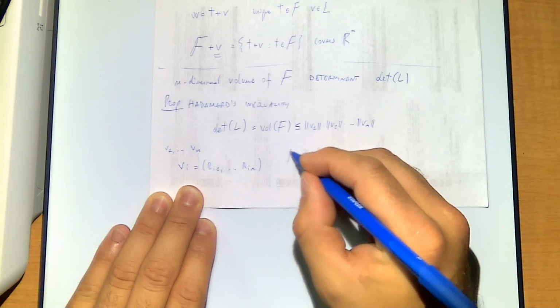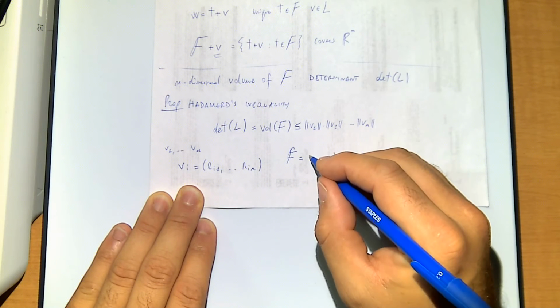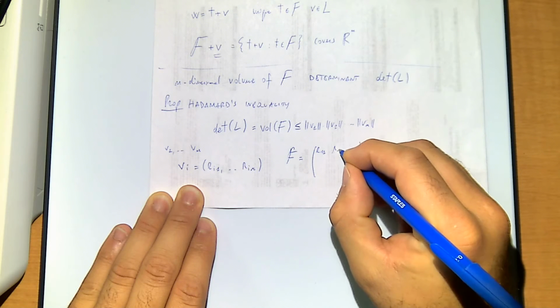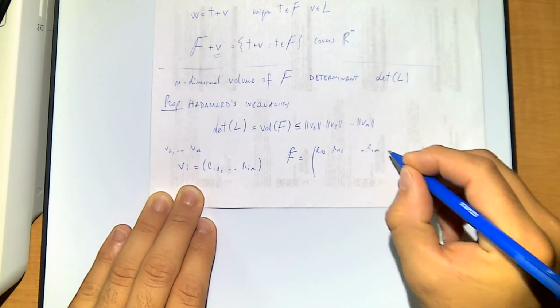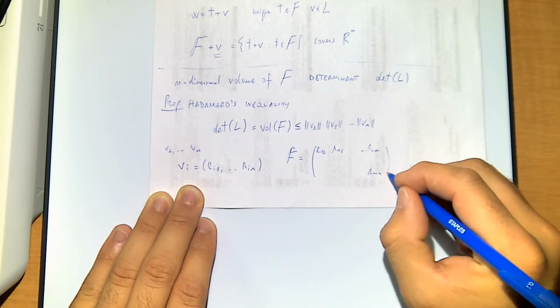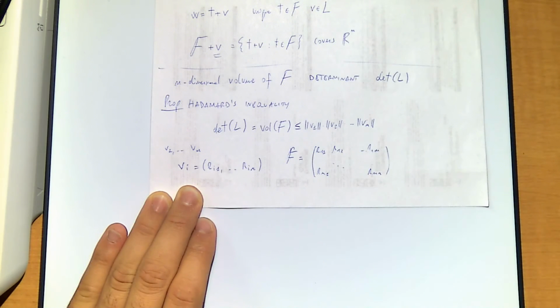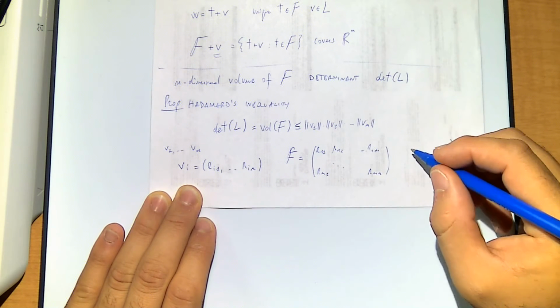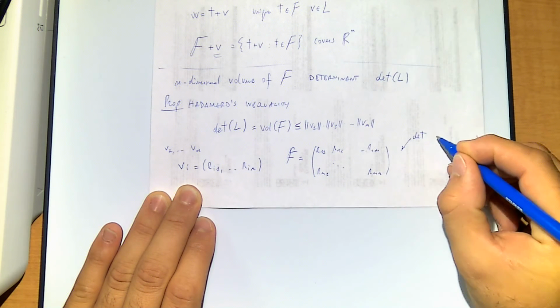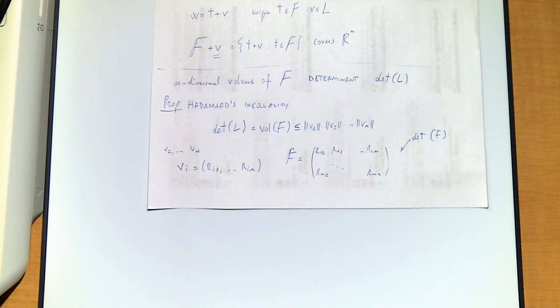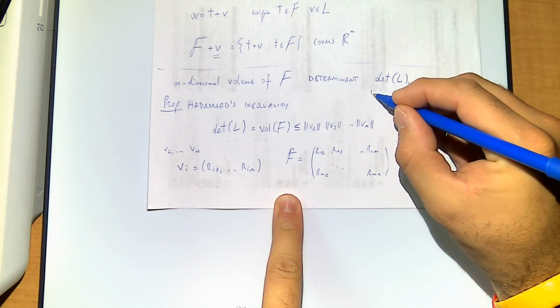Then the fundamental domain is given by the matrix with rows R11, R12, up to R1n, down to Rn1 through Rnn. It's an n by n matrix, and the volume of this is exactly the determinant of this matrix F.